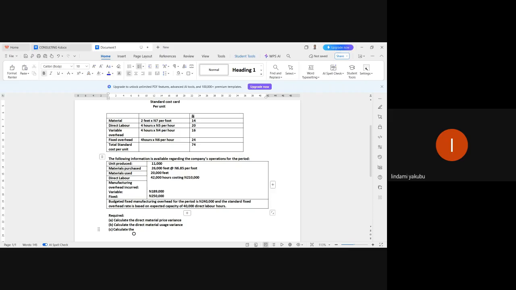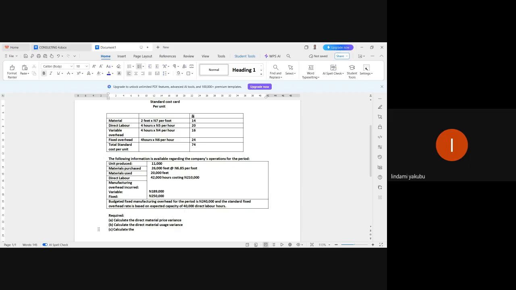Direct labor, 4 hours at 5 naira per hour, which is 20 naira. Variable overhead, 4 hours at 4 naira per hour, that's 16 naira. Fixed overhead, 4 hours at 6 naira per hour, we have 24 naira. Standard cost per unit, we have 74 naira.